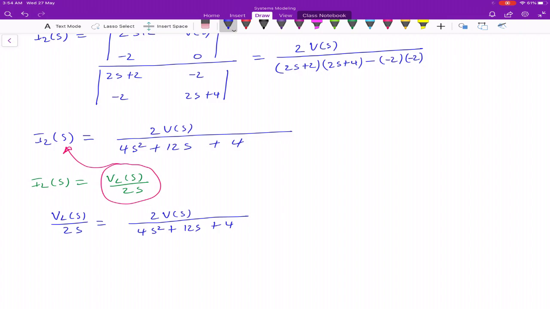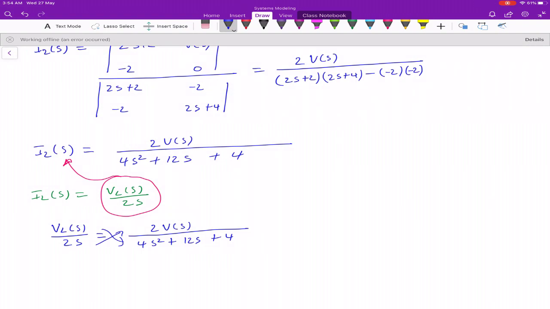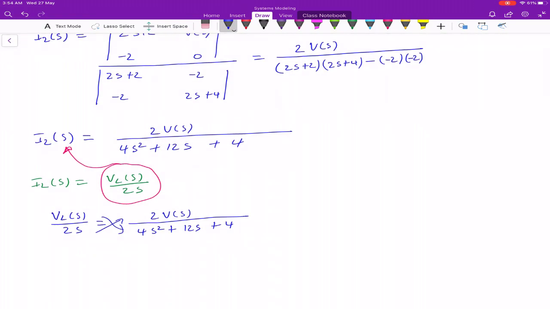And I can cross multiply that with that. I'm just doing that to clean up the equation so that we see what we are going to have. And we are going to have 4S squared plus 12S plus 4 times VLS is equal to 4S VS. Okay, now it's easier to find the ratio.